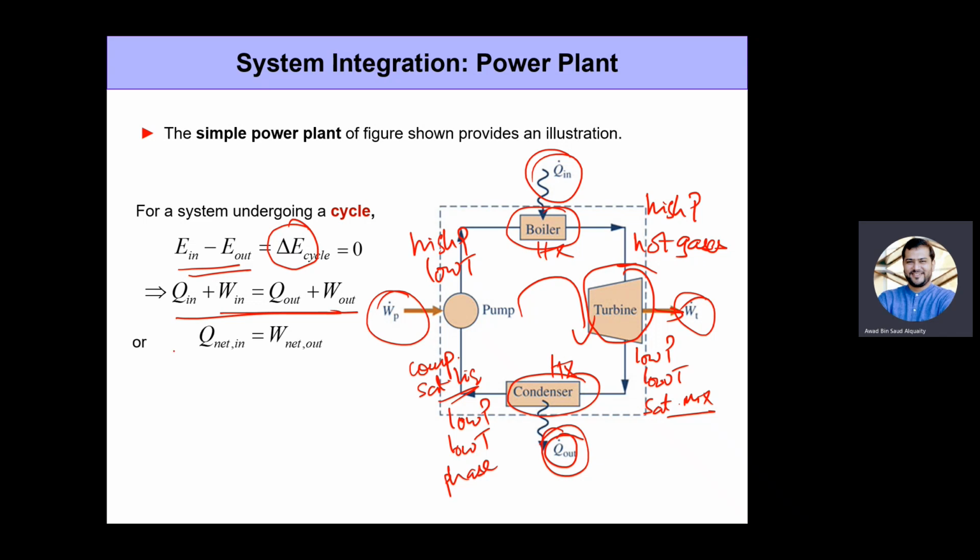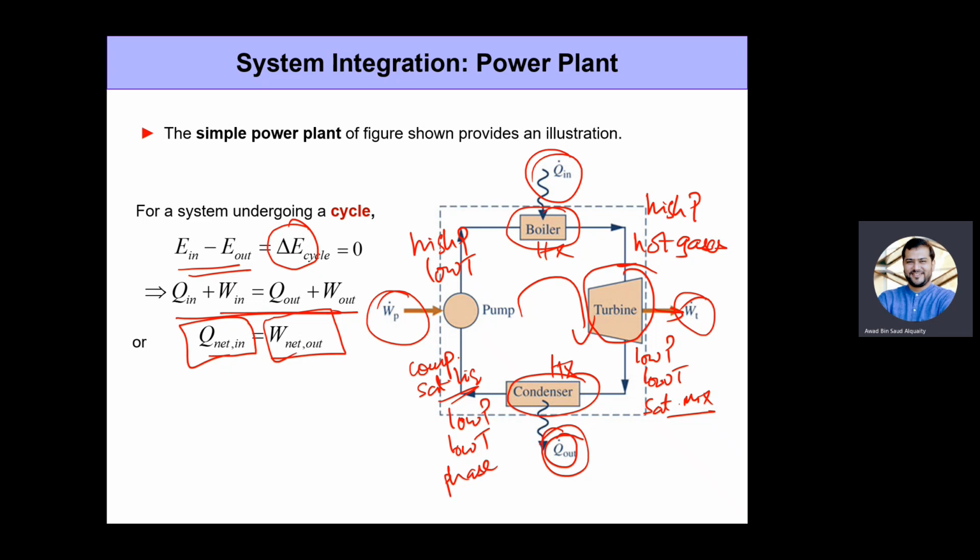Or another way of seeing that is the net heat input should be equal to the net work output. Okay, and this is what we get by dealing with the power plant or any system at the overall cycle level. We'll talk about how we can make use of this, and we'll solve problems related to this in the next few classes.